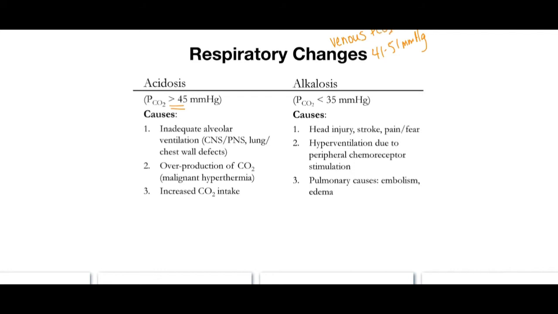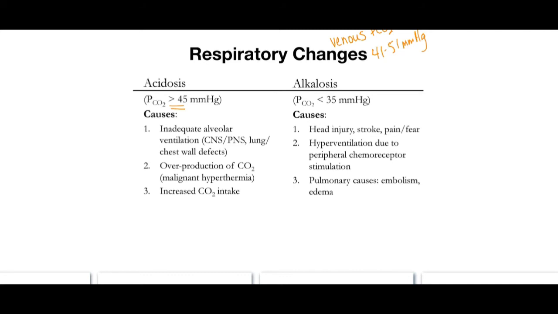The values themselves are things that you really ought to know, especially the arterial ones. Most of the time, we're going to be looking at arterial blood gases, so 35 and 45 is what you really ought to know. But it is important to understand that the acceptable range in your venous blood is going to be a little bit higher.